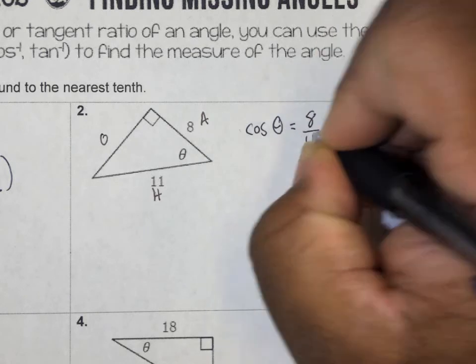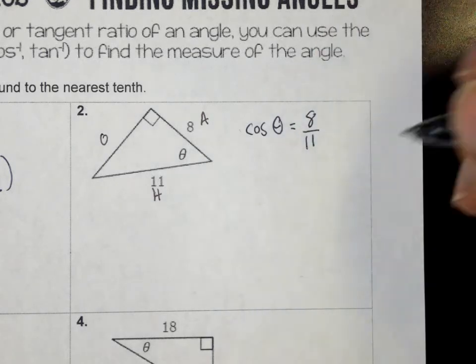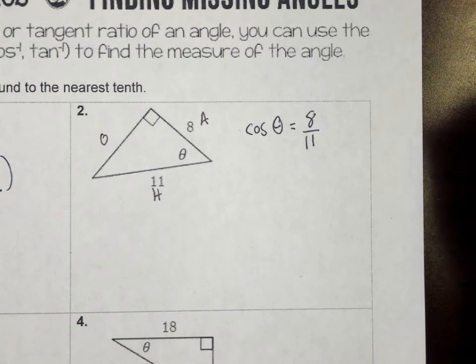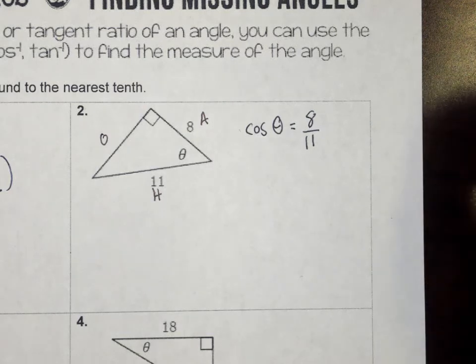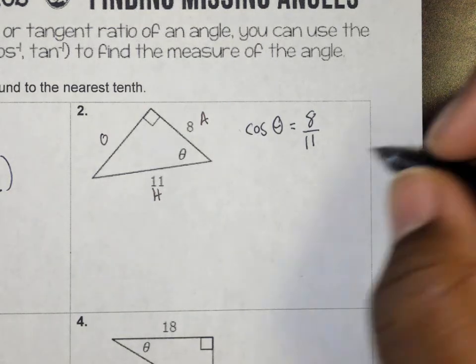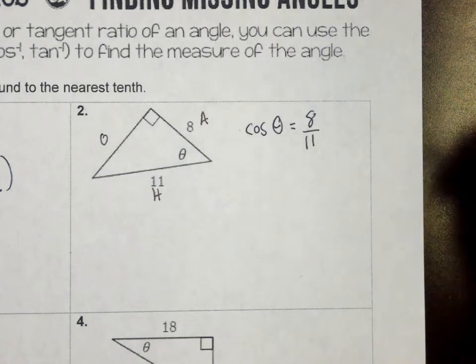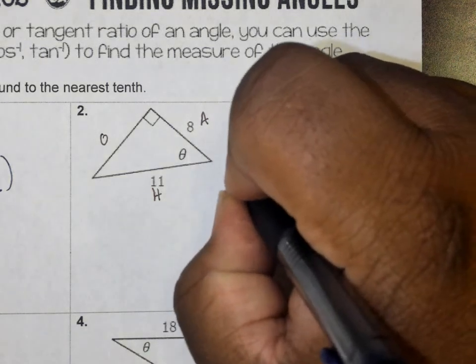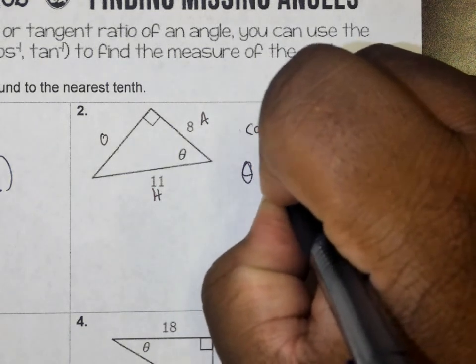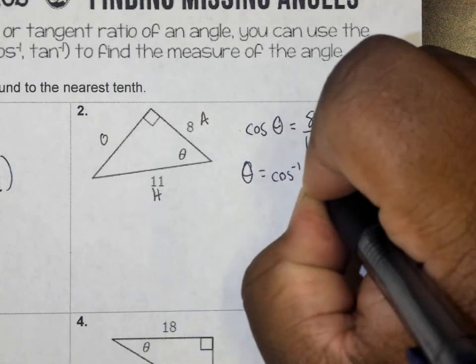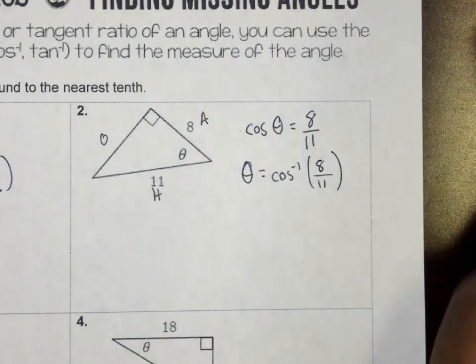It's adjacent over hypotenuse. After you get your ratio set up, then we could do inverse. So theta equals cosine inverse, parentheses 8 over 11.